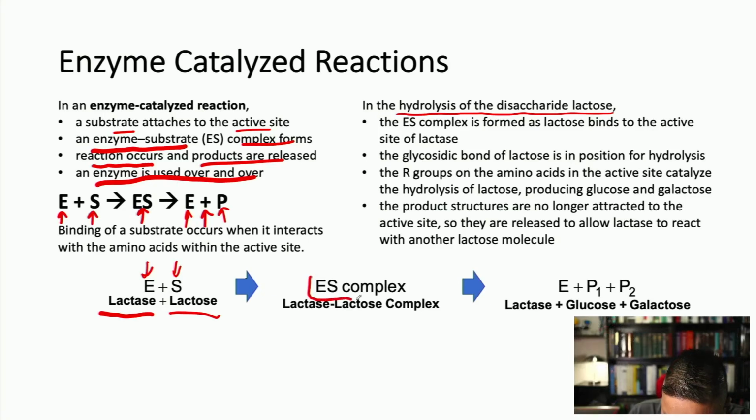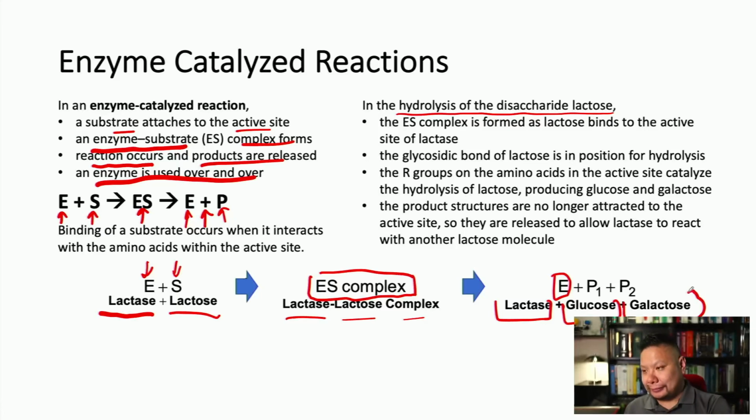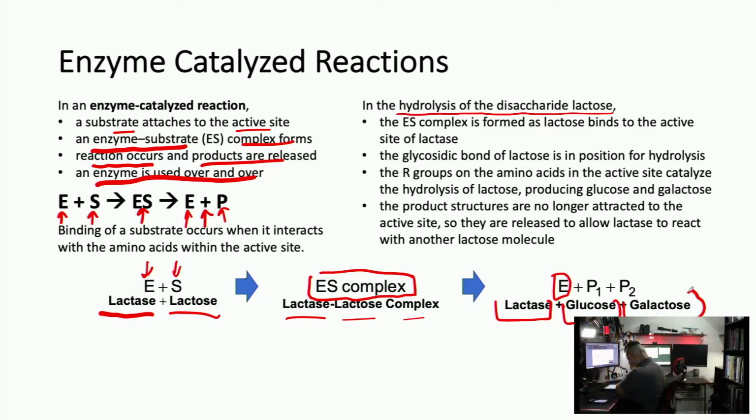The enzyme substrate complex is the lactase-lactose complex. And once the enzyme is complete with the reaction, you get lactase back out again as the original enzyme, and then you get a glucose and a galactose. Because lactase, the enzyme, breaks lactose into its constituent sugars, which are glucose and galactose. So that's that example.